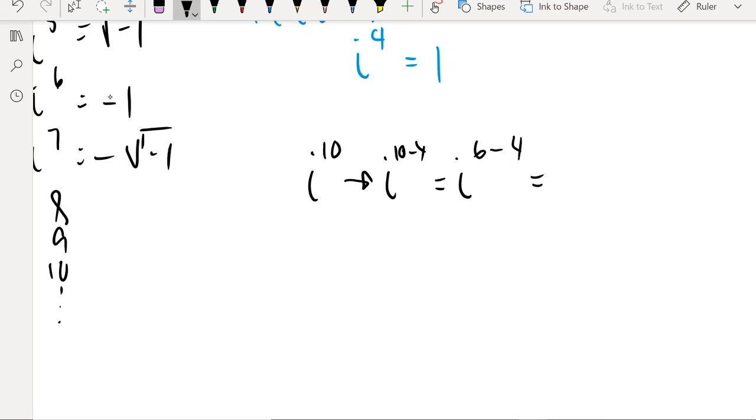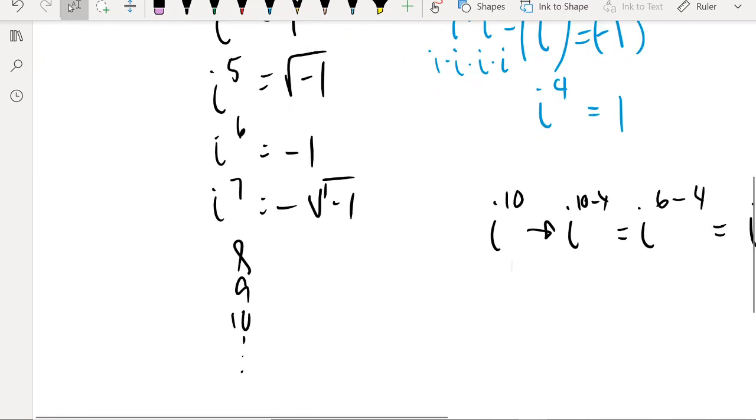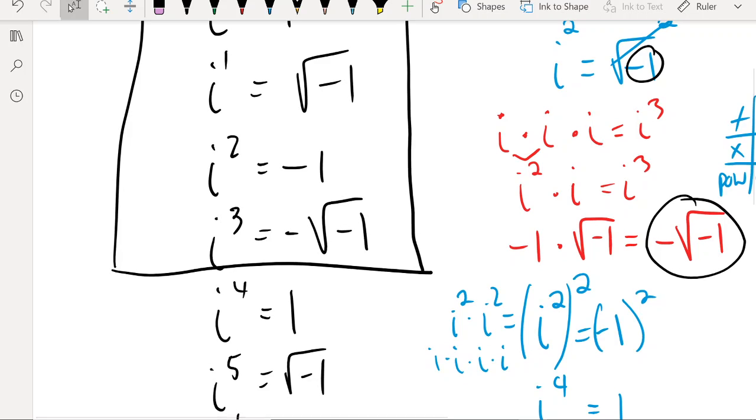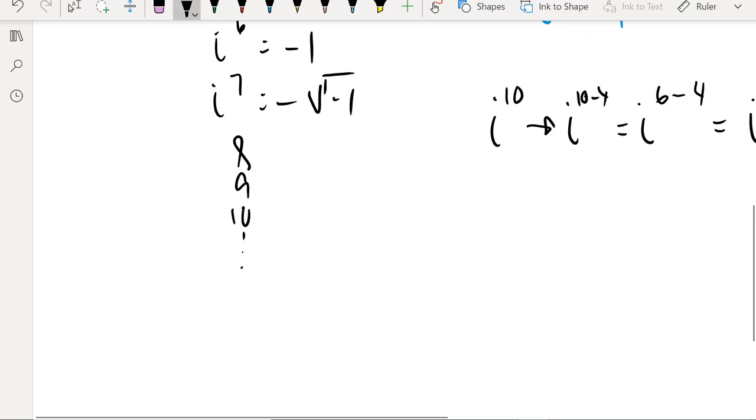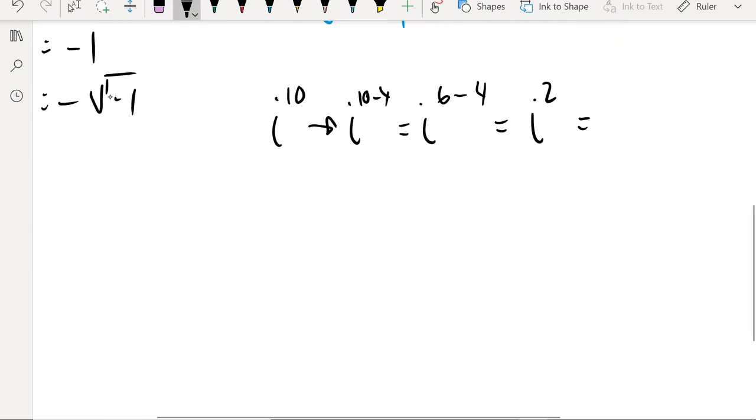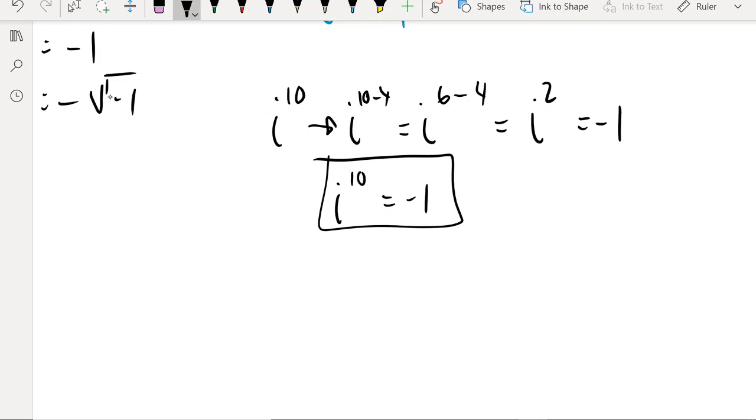If I do that again, I get I squared. Oh, hey, hold on. I squared is -1, so that's the answer. -1. I squared equals -1, which means that I to the 10th power is equal to -1 as well, right? That's what we're trying to find.